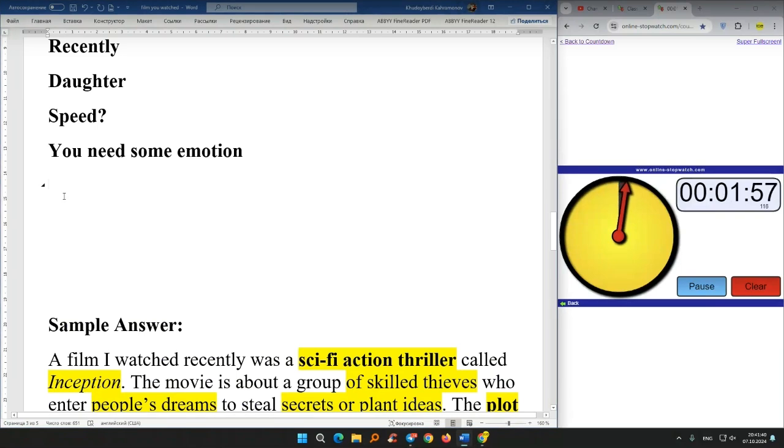Recently, I watched a film which is The Boy in the Striped Pajamas. This film is based on the novel by John Boyne, if I'm not mistaken.